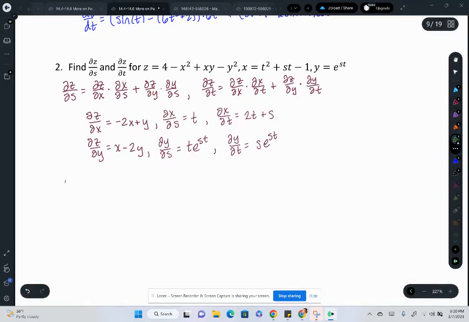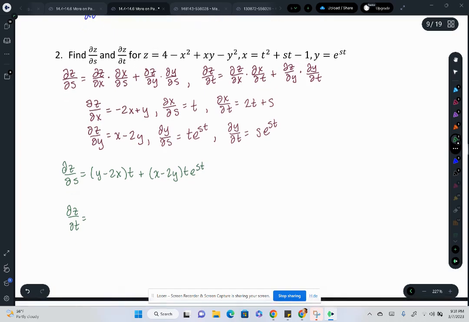So we have del z/del s equals del z/del x, so that's going to be my y minus 2x, times del x/del s, that's t, plus del z/del y, that's x minus 2y, times del y/del s, that's t e to the st. Done. Okay. Del z/del t. I'm looking at my formula there.